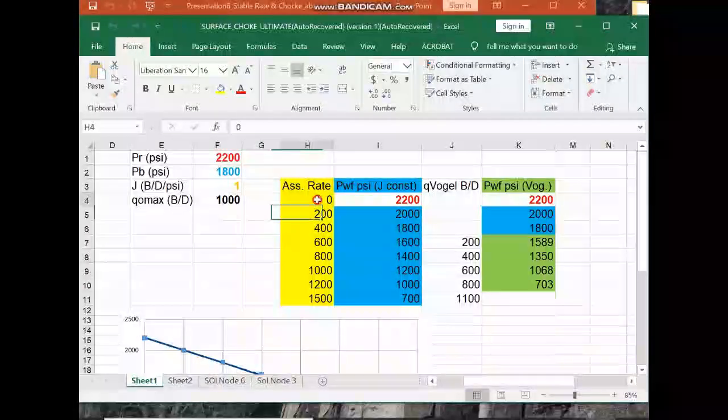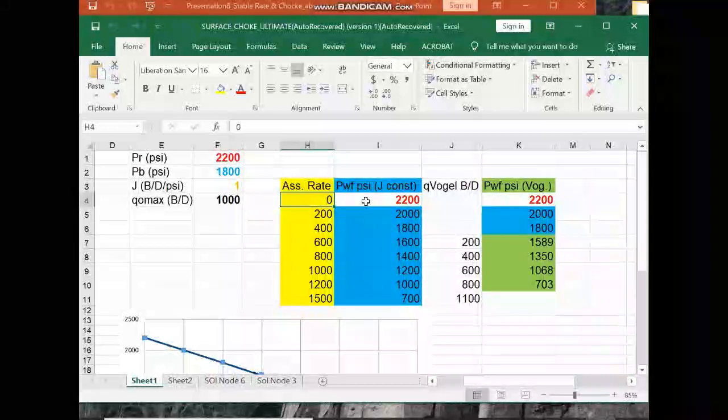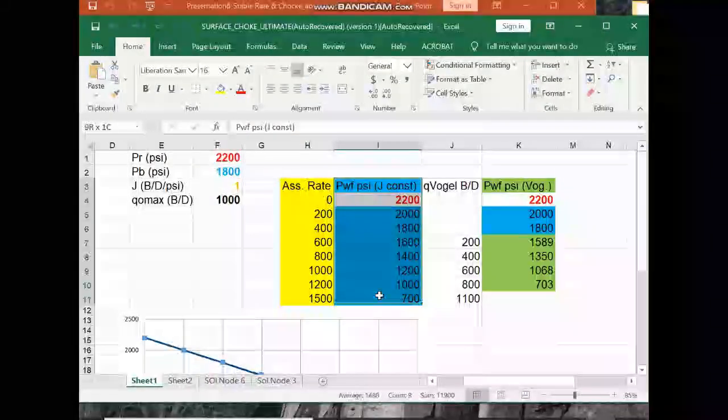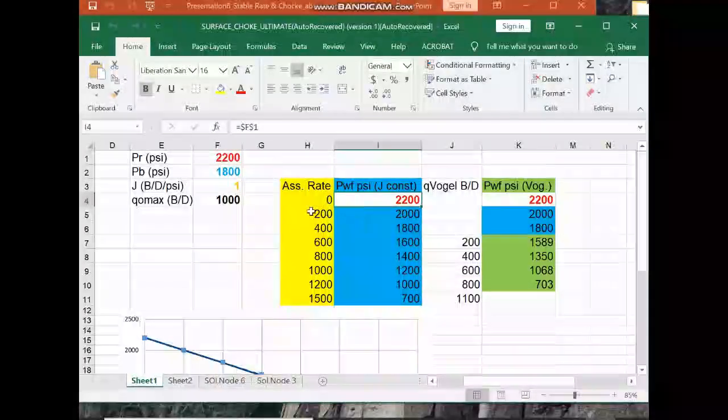So we start assuming 0 barrels per day. That means we haven't produced, for this column where we use only J constant. So at 0 flow rate we have 2200 psi.